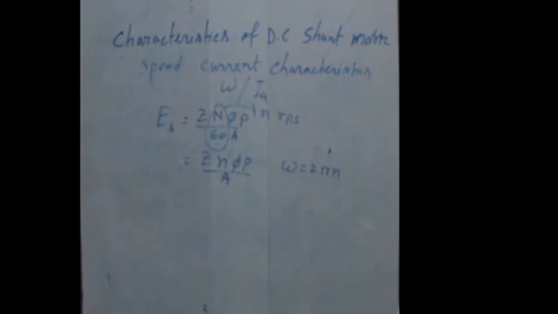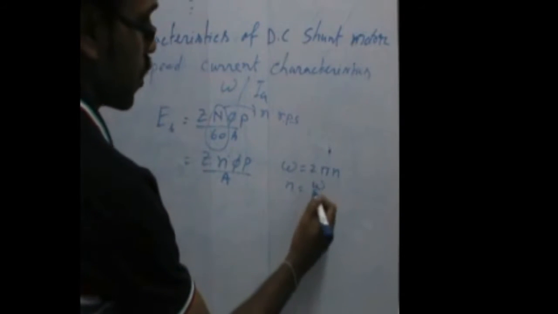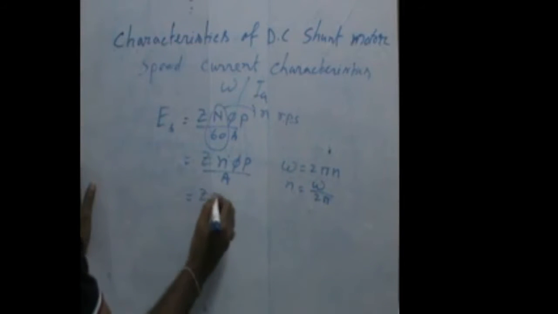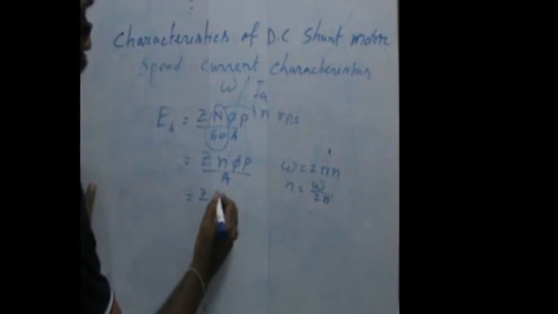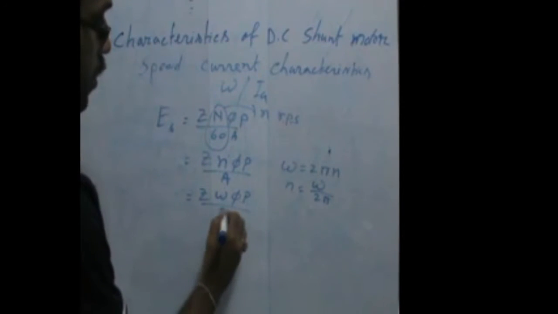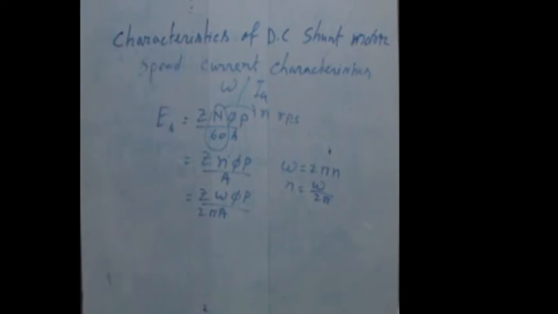Once we convert n into omega, that is we are changing the unit, omega is equal to 2 pi n. So if we replace n in this equation, n is omega by 2 pi, so EB is equal to Z omega phi P by 2 pi A. So this is the equation for EB.